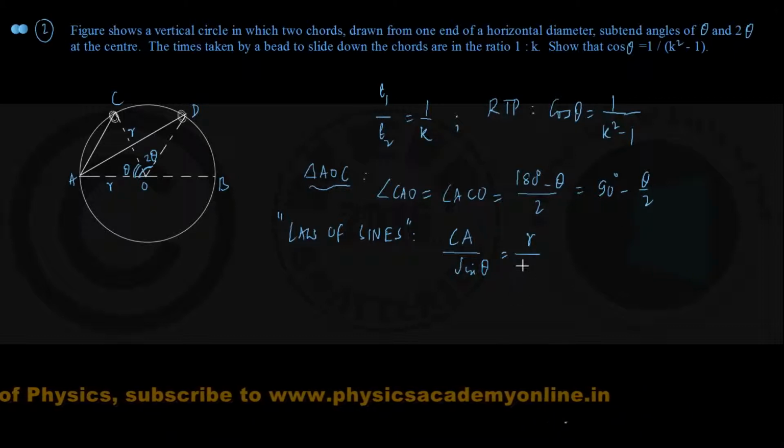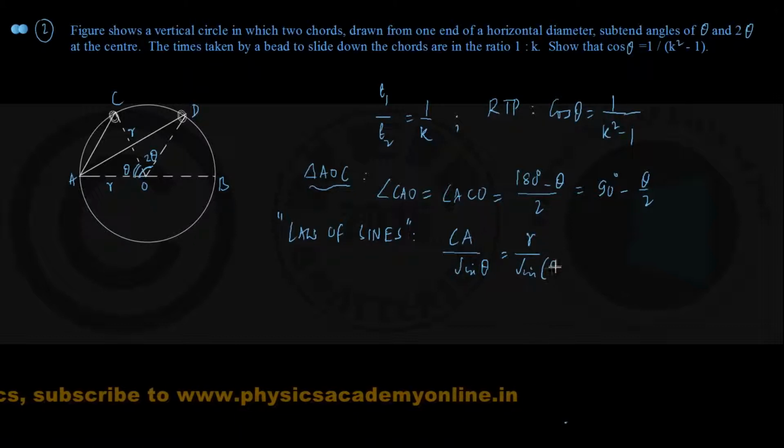So I have got R divided by sine of 90 degree minus theta by 2.